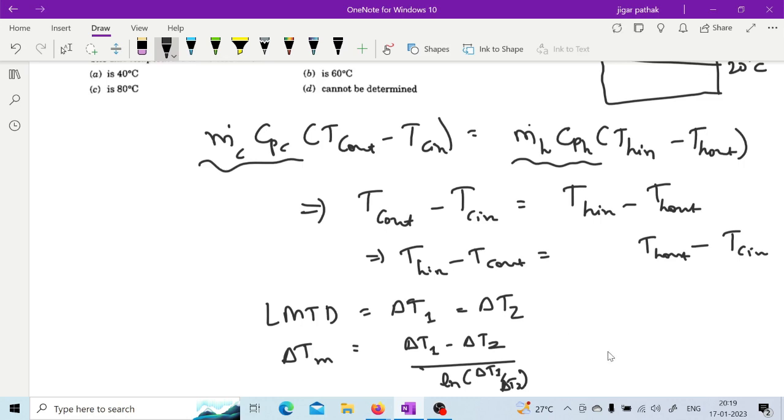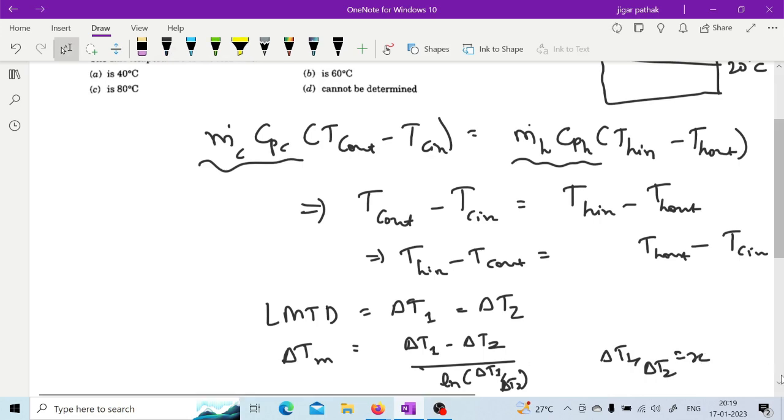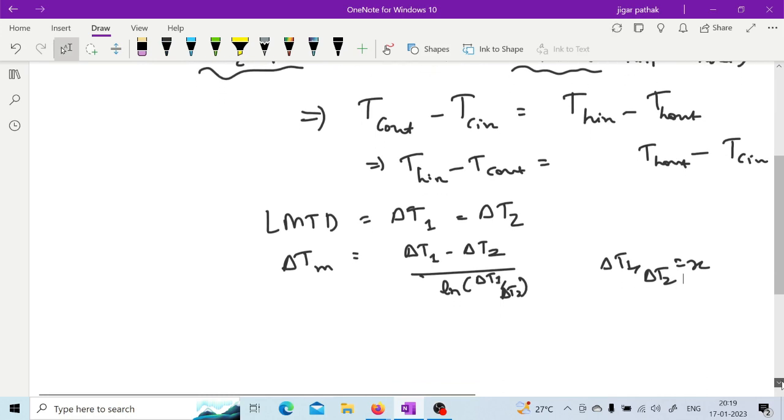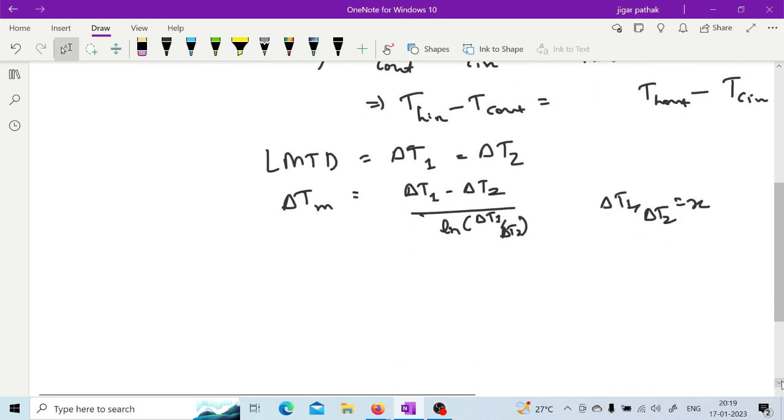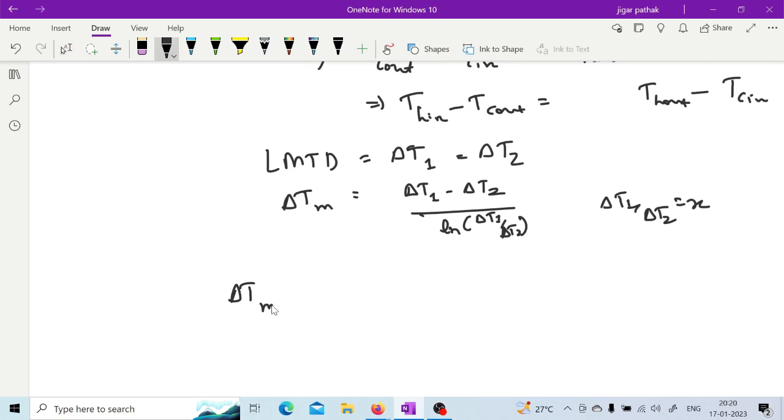Right, so if you consider this delta T1 by delta T2 as x, then delta Tm is equal to the limit as x tends to 1 of delta T2 times (x minus 1) upon ln x.